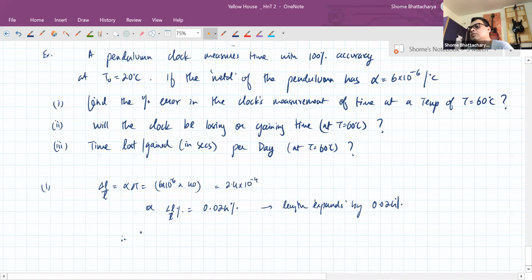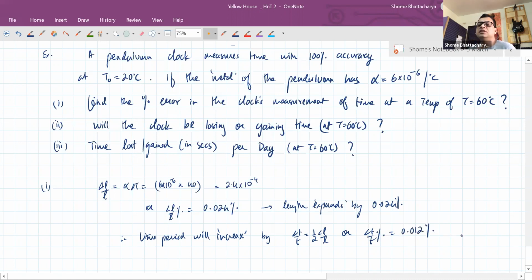Therefore, the time period increases by 0.012%.